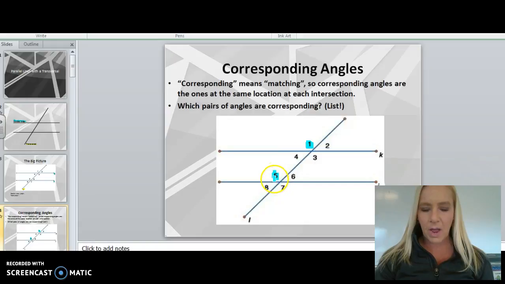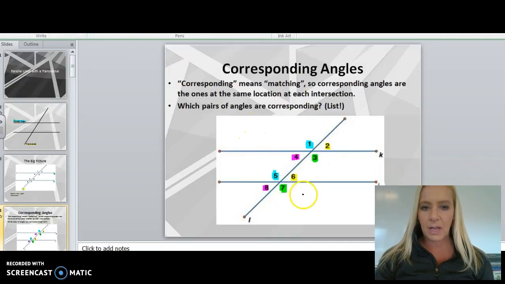So 1 and 5 are corresponding, therefore they have the same measure. Angle 2 and angle 6 are corresponding because they're at the same location of each intersection. Angle 3 and angle 7 are corresponding. And angle 4 and angle 8 are corresponding.